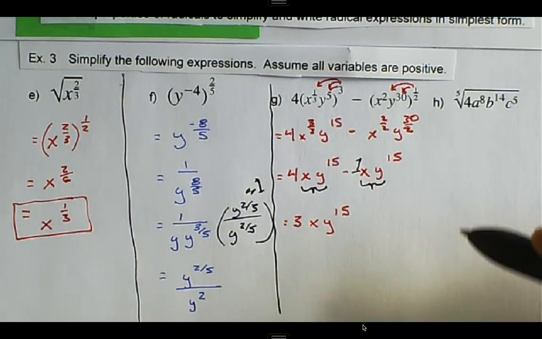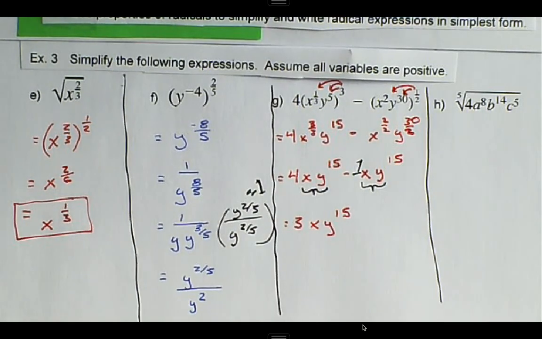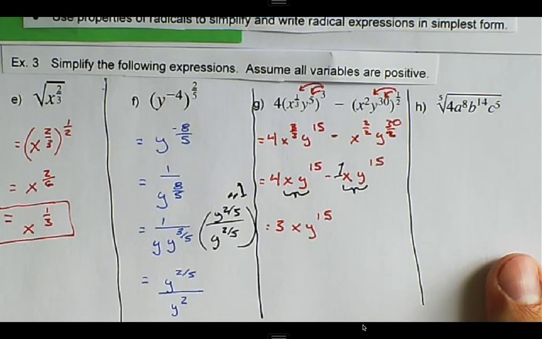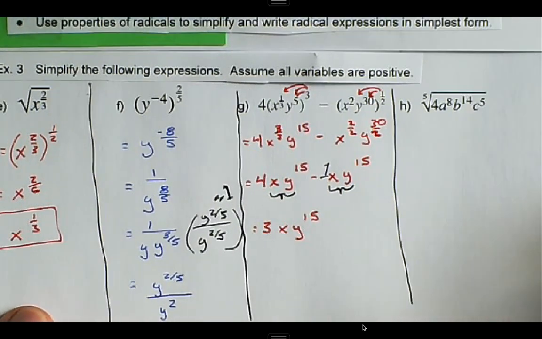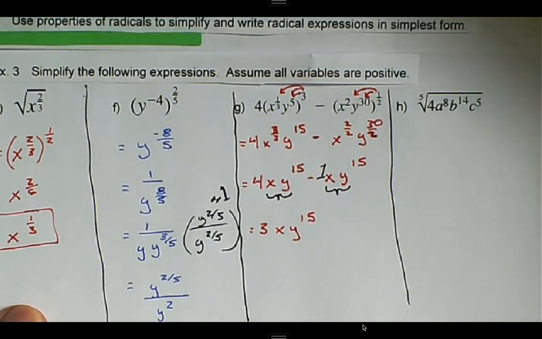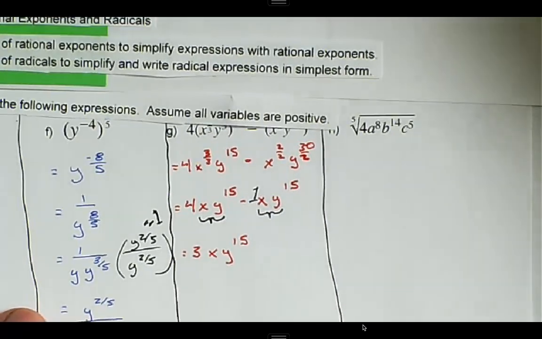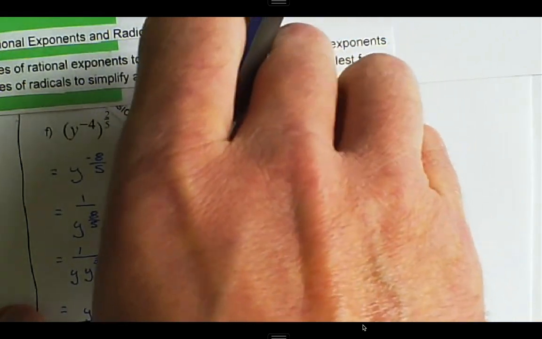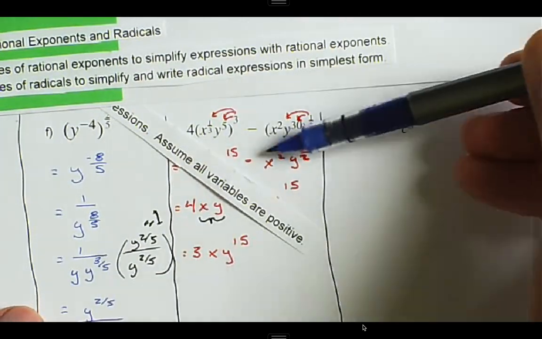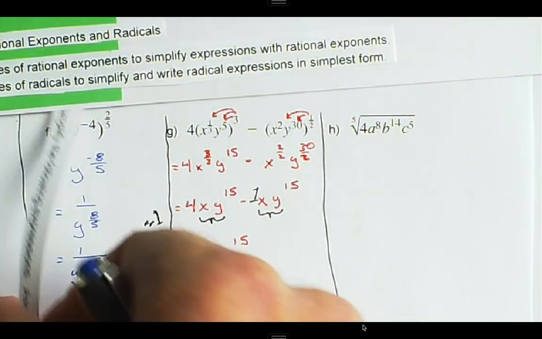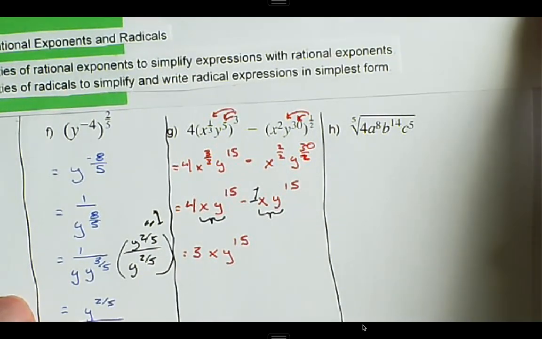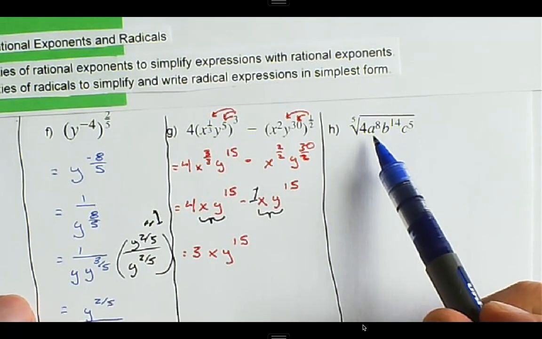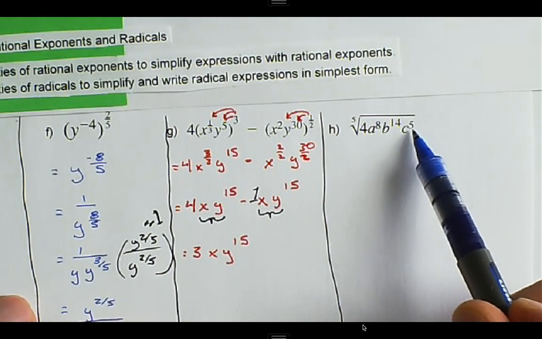Next one that we come to, we're just trying to simplify that radical as much as we can. We're trying to take as many things out as we can. So it's the 5th root of 4 times a to the 8th, b to the 14th, and c to the 5th.